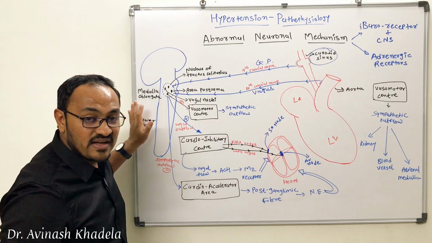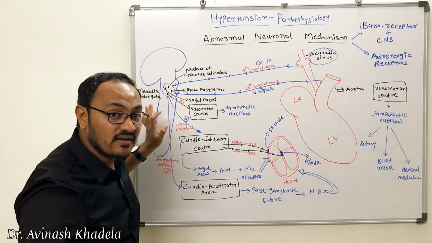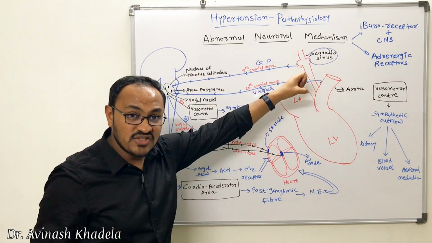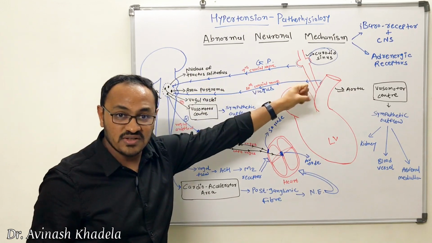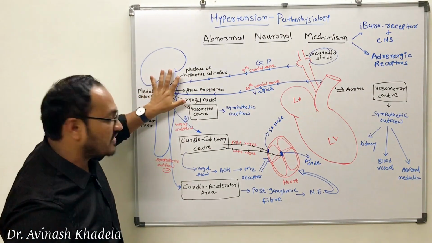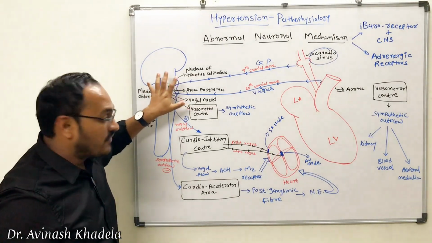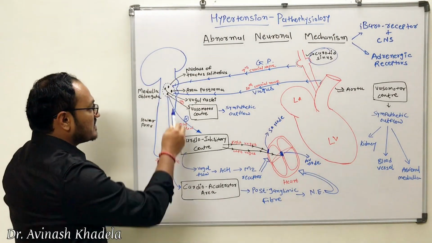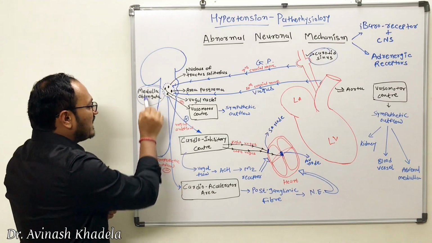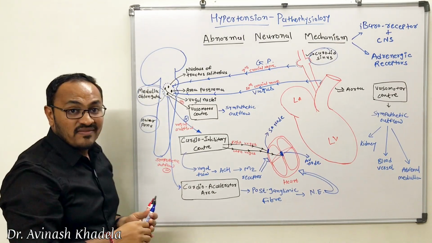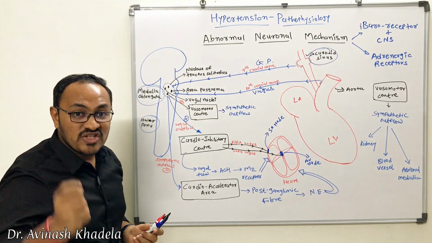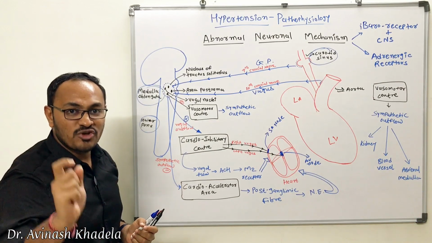Now let us understand how the central nervous system reacts to the signal received from the peripheral region. The central nervous system has a specialized mechanism. First of all, in the medulla oblongata and the lower pons region, there are certain nuclei responsible for regulation of blood pressure.